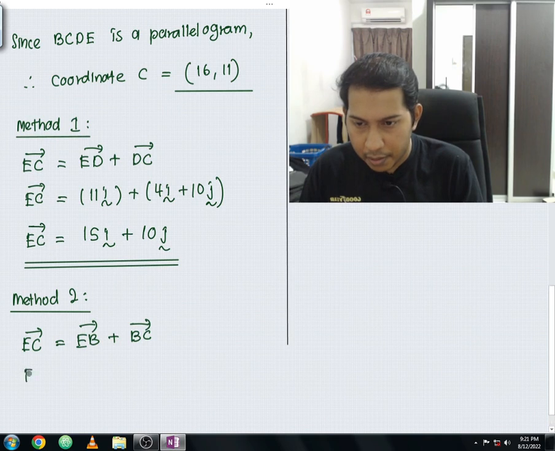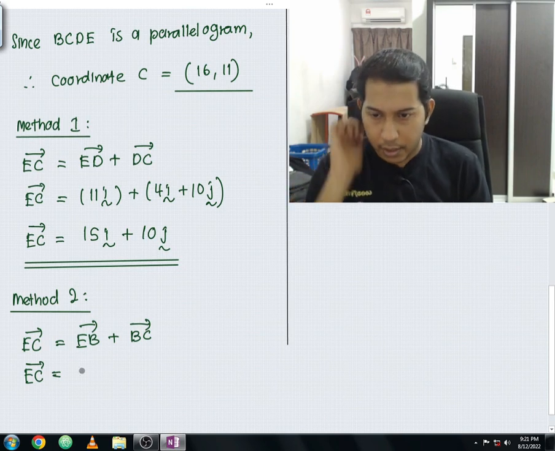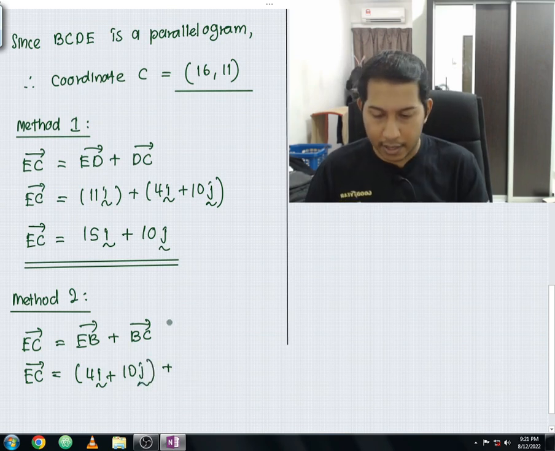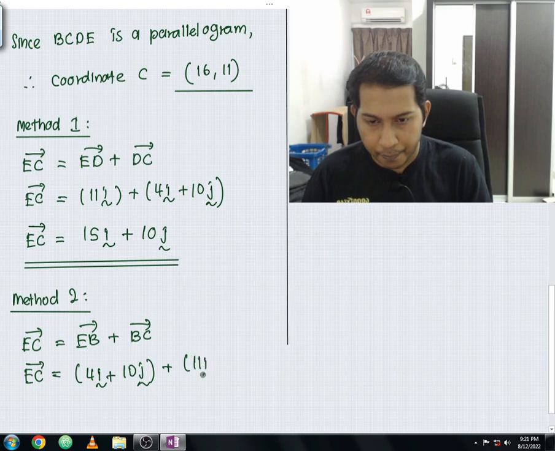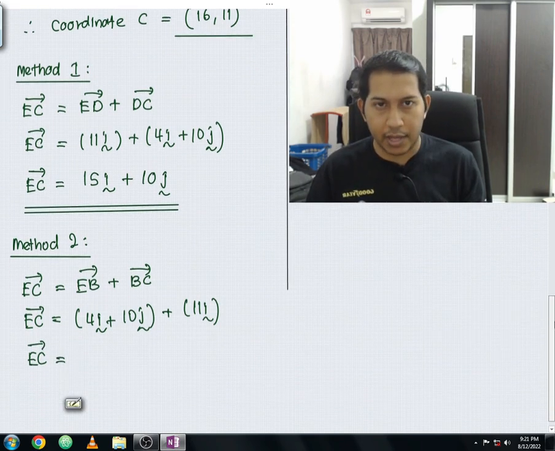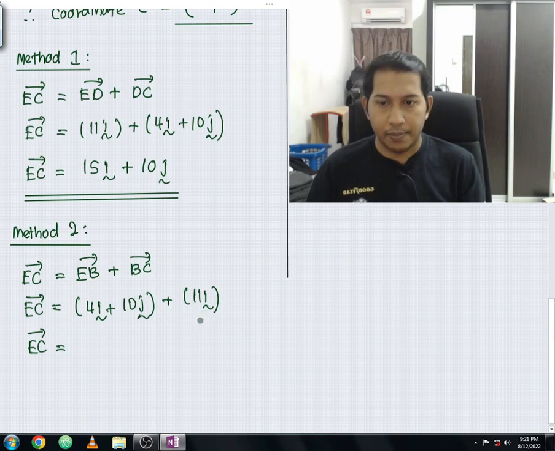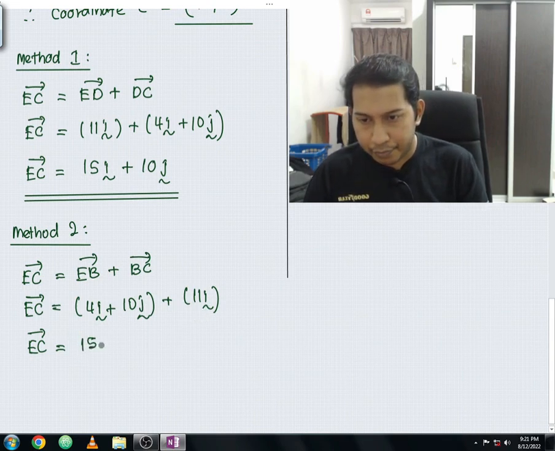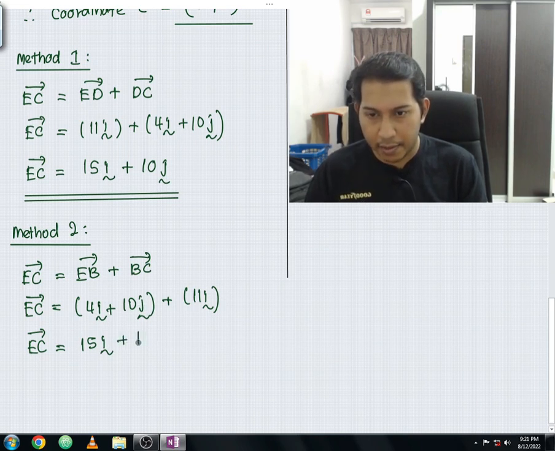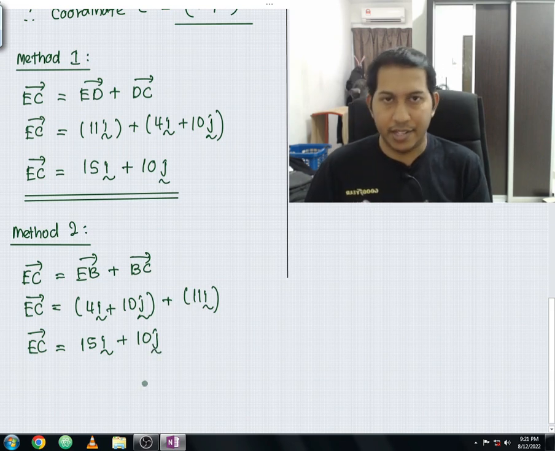Vector EB, like we have calculated, is 4i plus 10j, plus vector BC, which is 11i. Let us begin our calculation with the i: 4i plus 11i is 15i, and then plus the j. So 15i plus 10j.